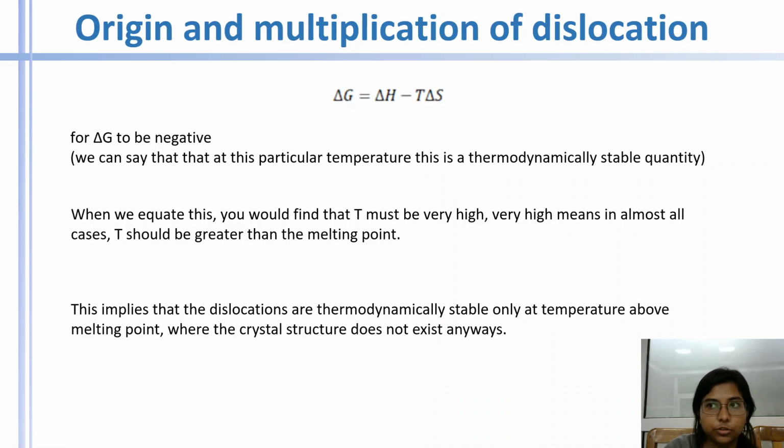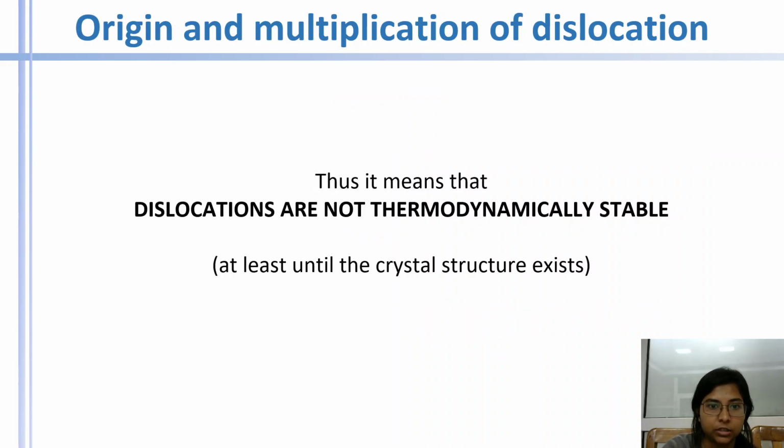In almost all cases, this T goes above the melting point of the material. This implies that dislocations are thermodynamically stable only at temperatures above the melting point, where the crystal structure does not anyway exist. So from thermodynamics, dislocations are not thermodynamically stable, at least as long as the crystal structure exists.